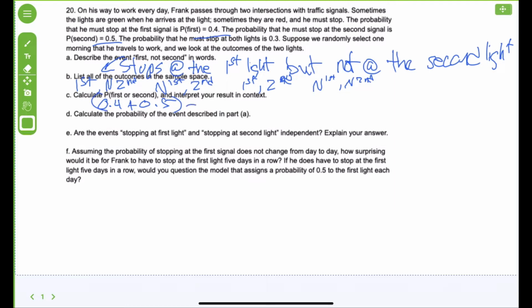Then we're going to subtract the 0.3, the odds of them stopping at both. Okay? And so that would be, what, 0.9 minus 0.3 is 0.6. So 60% chance that they would stop at either the first or the second. So stopping at least one is how we would say that.